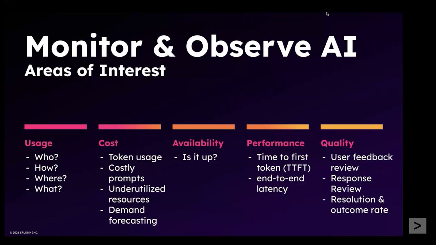That's what time to first token is. It also takes a period of time before the generative AI produces the final result. That's the end-to-end latency. So there's a few considerations that you want to apply to these generative AI applications. And Splunk can help you monitor and observe those things.